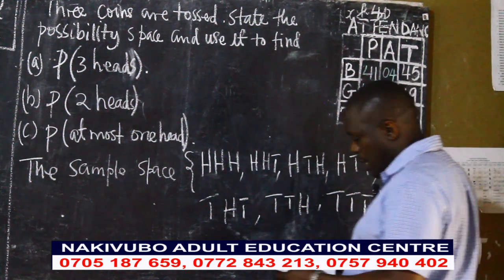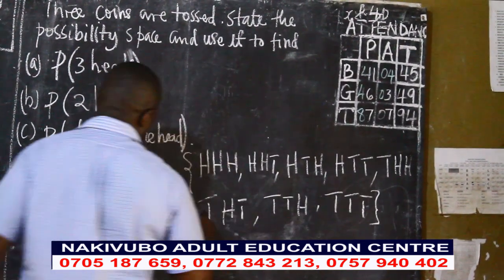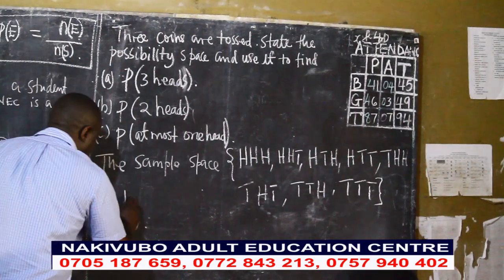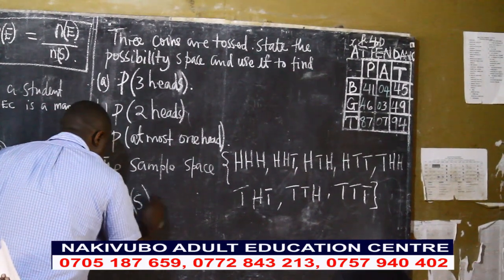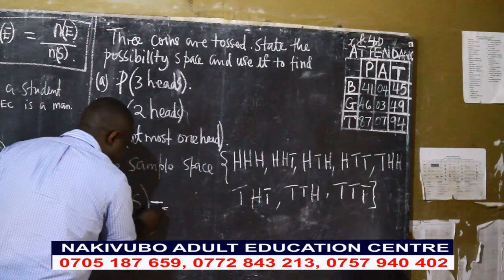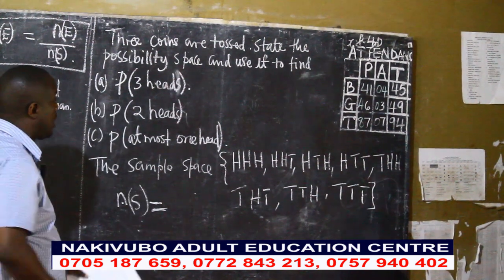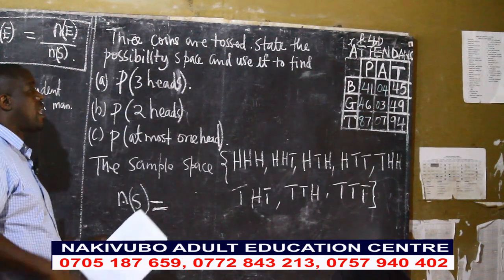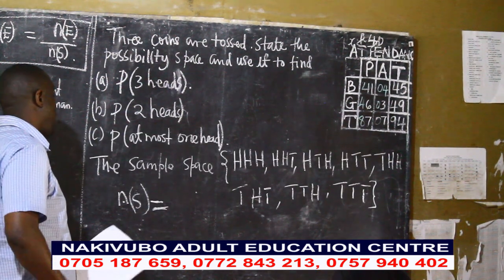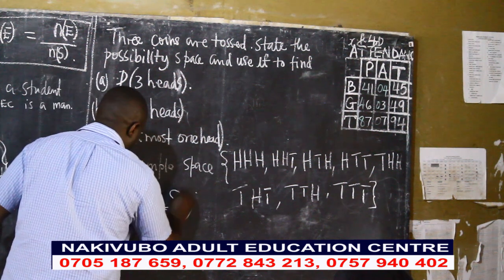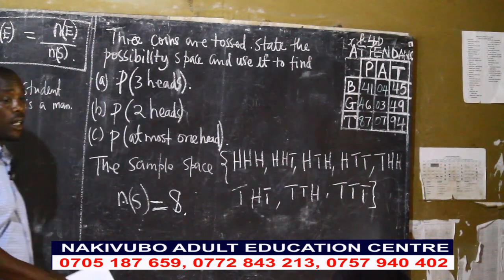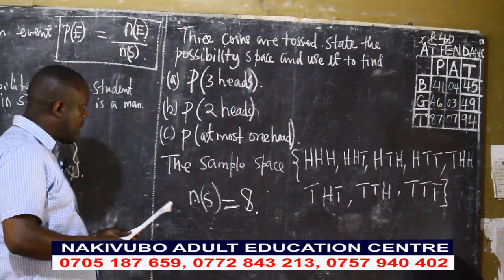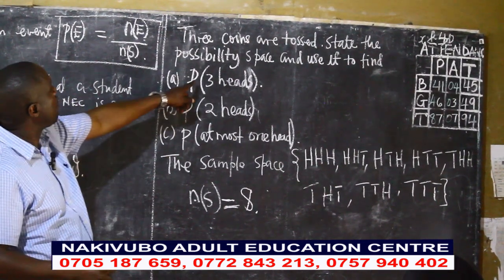So now we have got the sample space. What about NS, the number in the sample space? They are 8, so you write 8. Then can we start answering the questions?